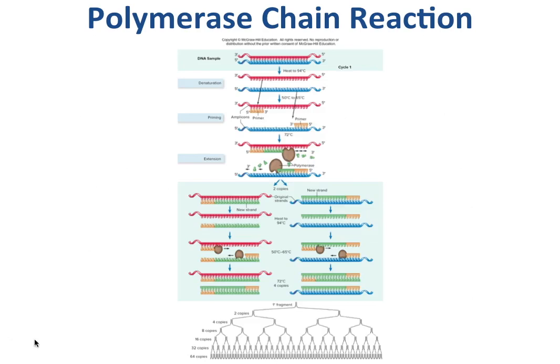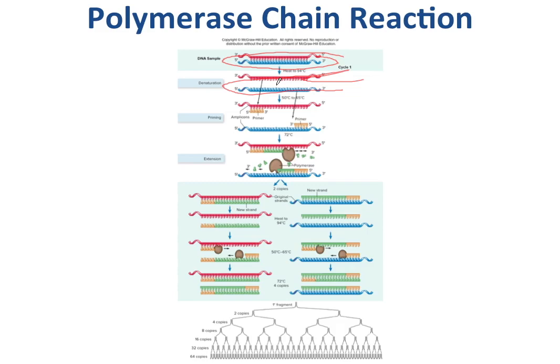As we can see in this diagram, this is the DNA fragment. First, the PCR needs 95 degrees. At this temperature, the hydrogen bonds between the nucleotides are broken, so the DNA will be unzipped.